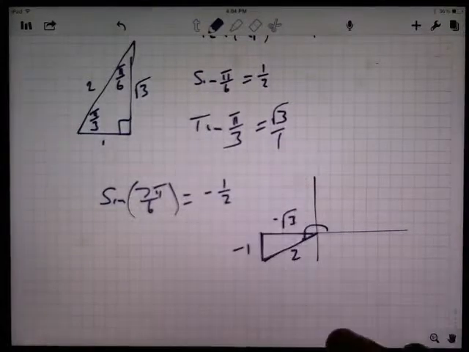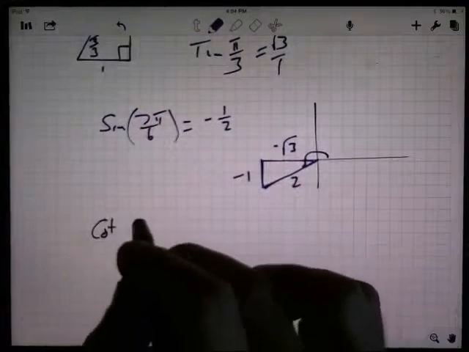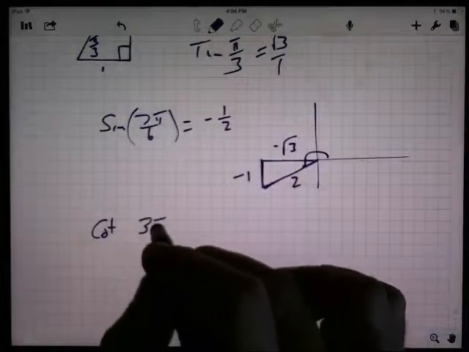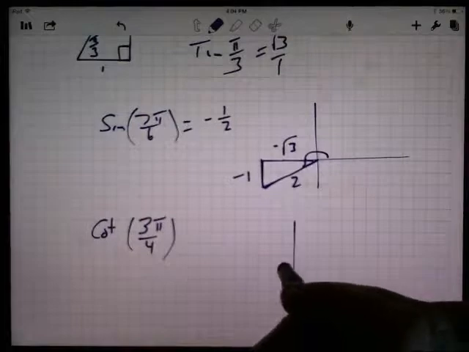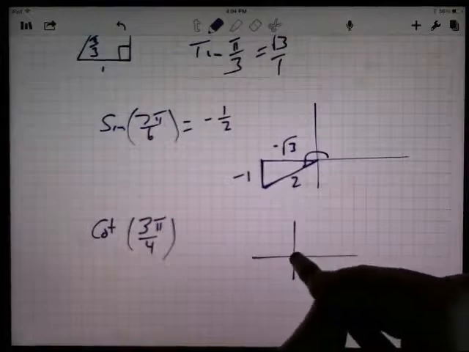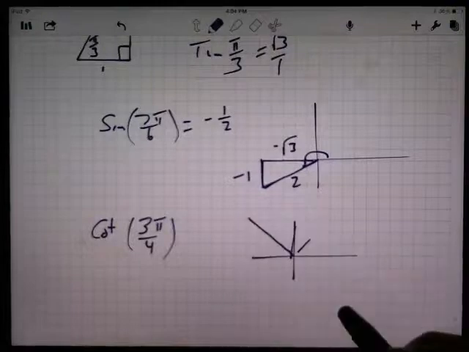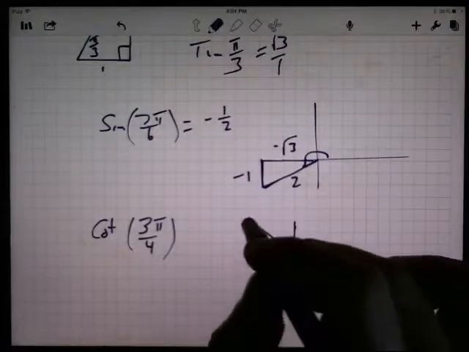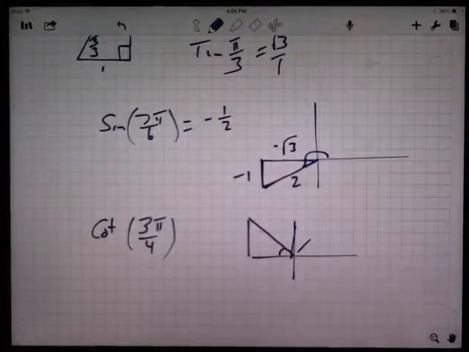What's the cotangent of 3 pi over 4? Well, I've got to figure out where 3 pi over 4 is. There's 1 pi over 4, 2 pi over 4. 3 pi over 4 will be right up the middle of the second quadrant. Drop a perpendicular here. You're talking about a pi over 4 angle left over right there.